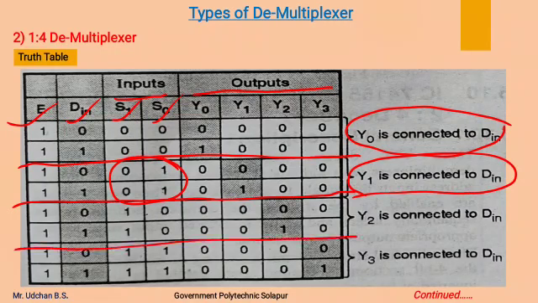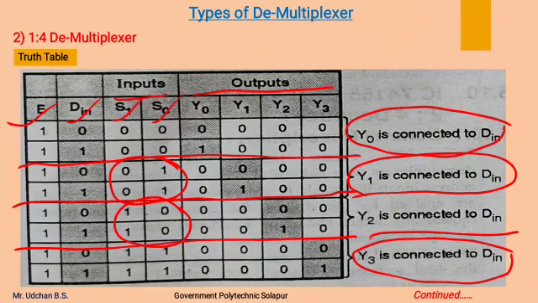For the next two cases, S1 and S0 lines are 1 0, Y2 is connected to data input, and for last two cases, S1 and S0 are 1 1, so Y3 line is connected to the data input.